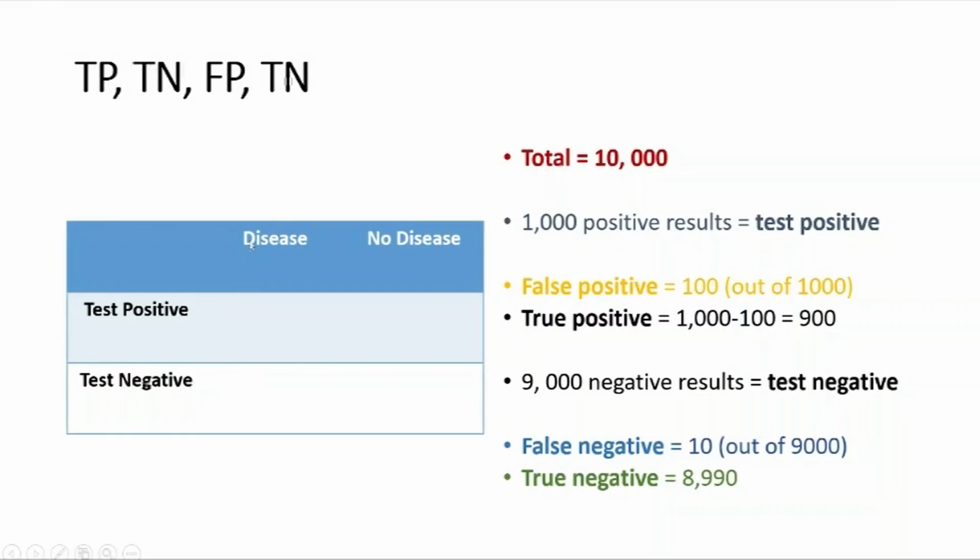Test positive has the disease, so this is true positive. Test positive, no disease, so that's false positive. Test negative but has disease, so this is false negative. Test negative and no disease, so this is true negative.